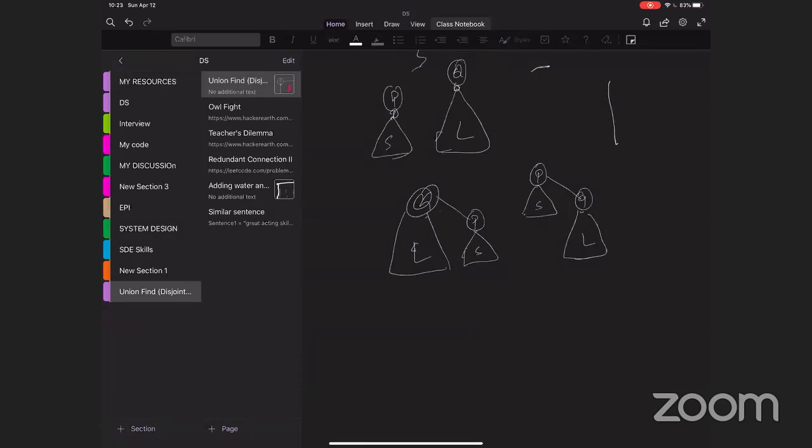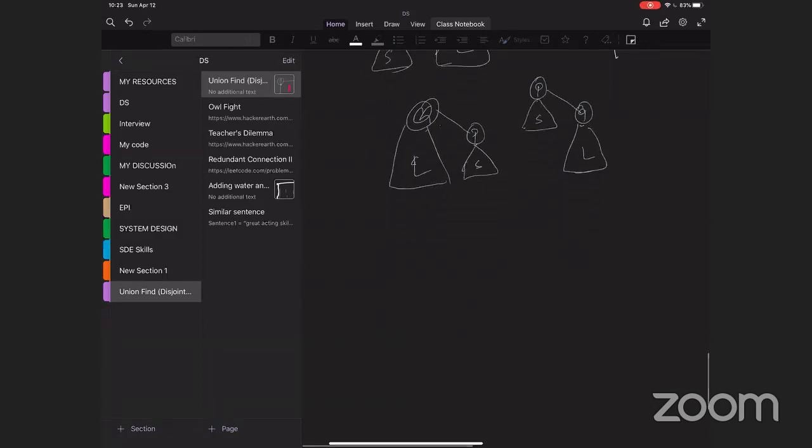Other memory that I maintain about the size would be really helpful to me. So we are going to augment our data structure, whatever we have written so far, and implement that.